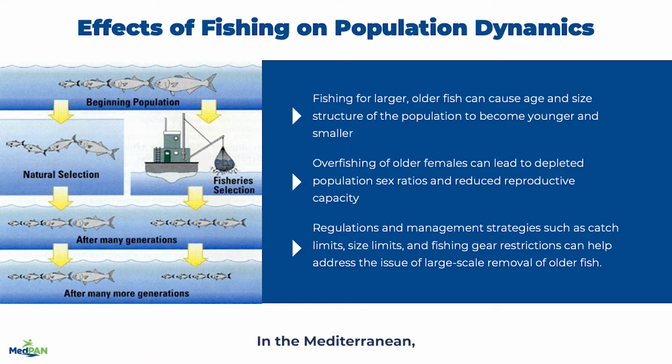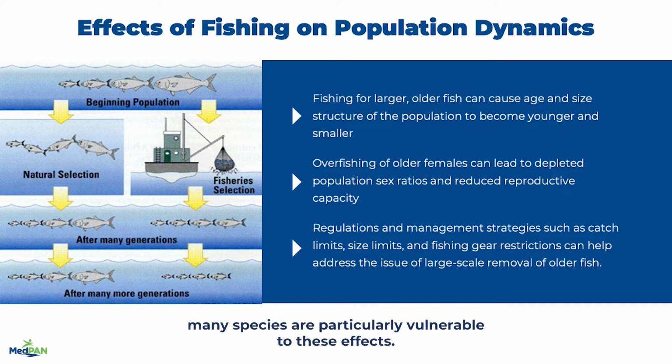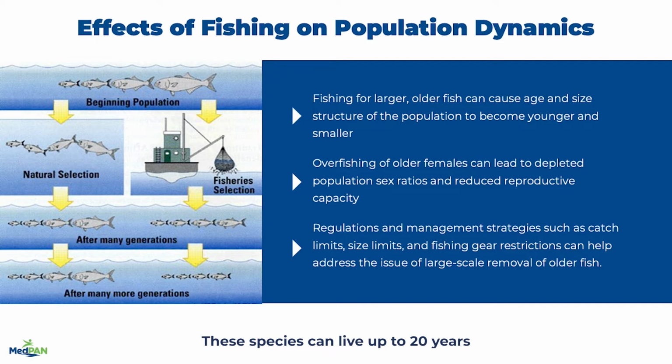In the Mediterranean, many species are particularly vulnerable to these effects. For example, the common dentex, scientifically known as Dentex dentex, is a popular target for commercial and recreational fishing. This species can live up to 20 years and reach sizes over 1 meter in length.